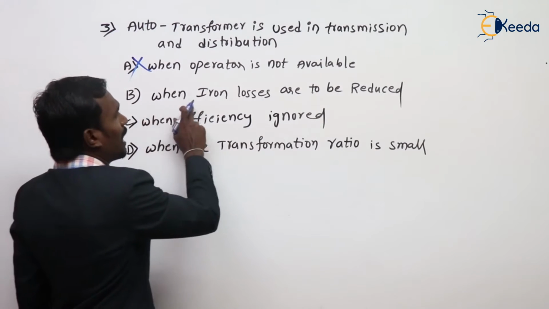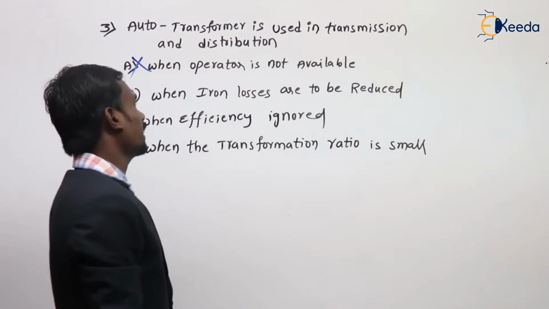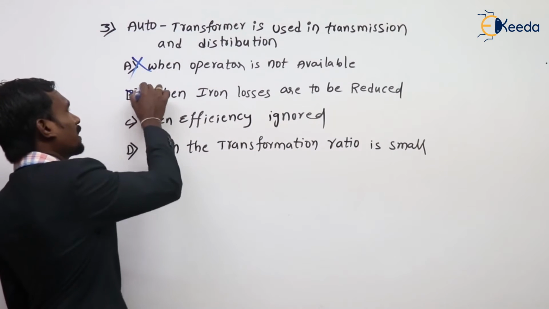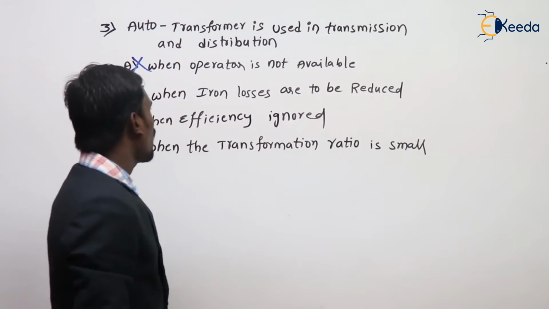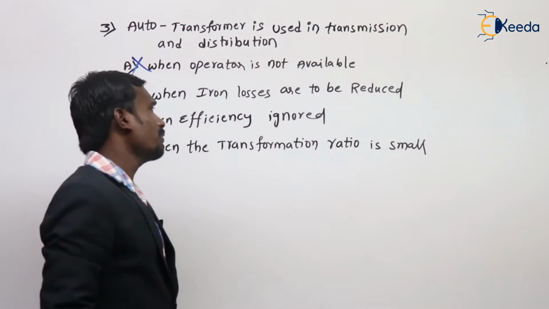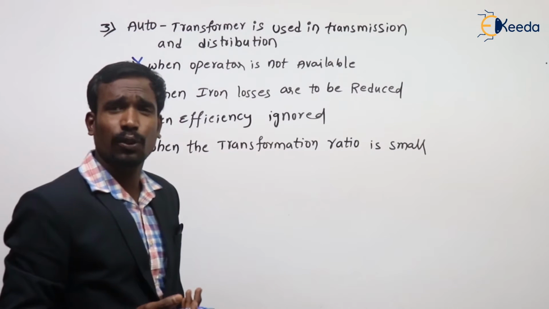Next one: when iron losses are to be reduced. Of course, iron losses are less in an auto transformer, but this is not the 100% correct answer. Next one: when efficiency is ignored. Why do we have to ignore the efficiency? Efficiency is good in an auto transformer, of course.